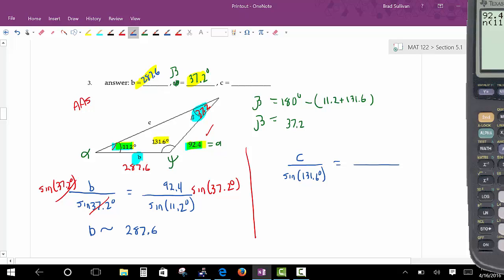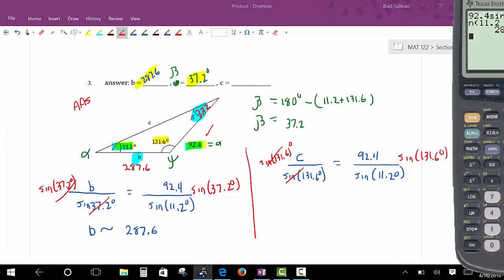I'm going to do A, which is 92.4, divided by the sine of its opposite angle. Again, I try to use what's given in the problem. Then I'm going to multiply both sides by the sine of 131.6, and then I'll go to my calculator and round to 1 decimal, okay?